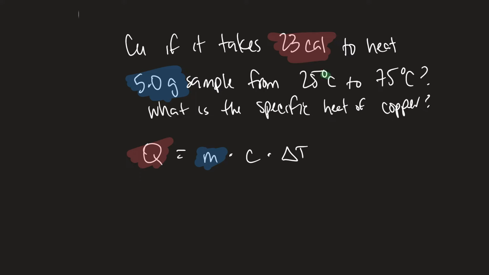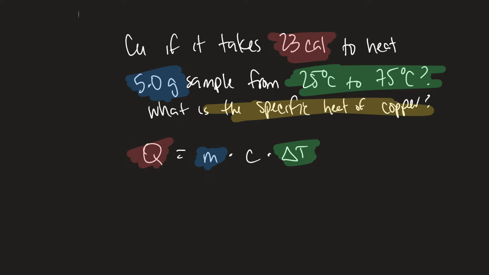I have 25 degrees Celsius to 75 degrees Celsius, which together is my delta T. And lastly, it asks for the specific heat, so that's my C. So I need to solve for C. Typically, I like to rearrange my equations first before I plug in the numbers. It's just easier in my mind.